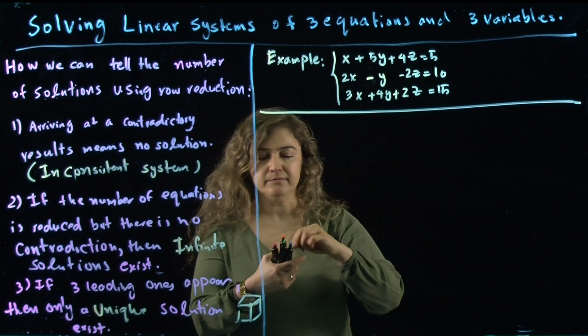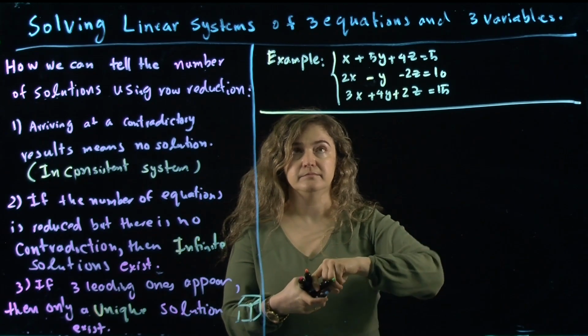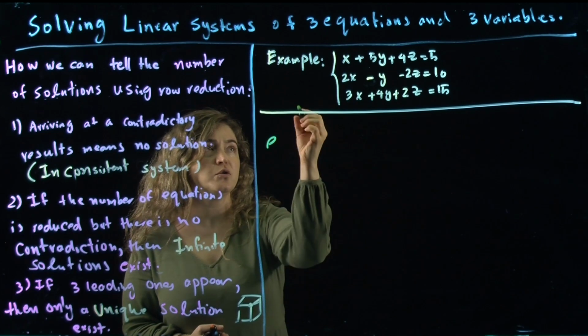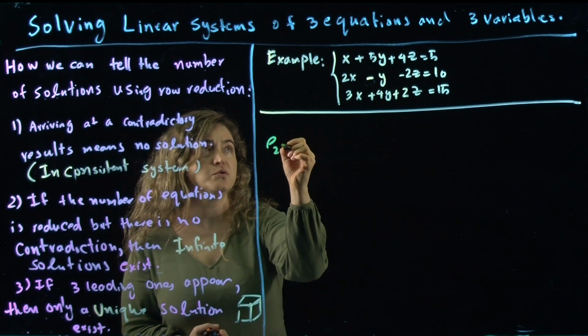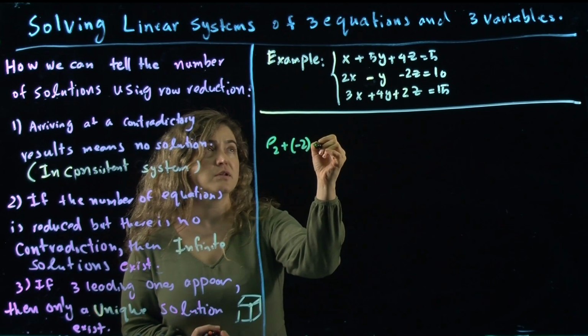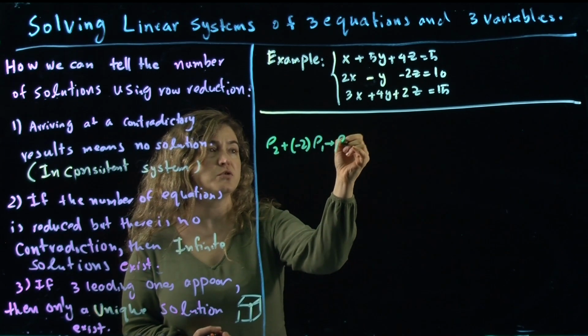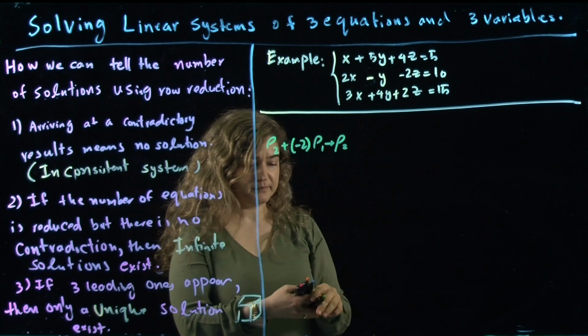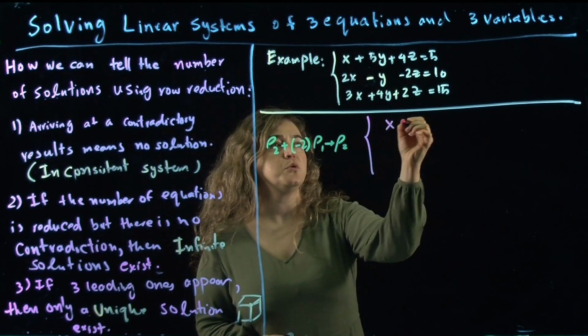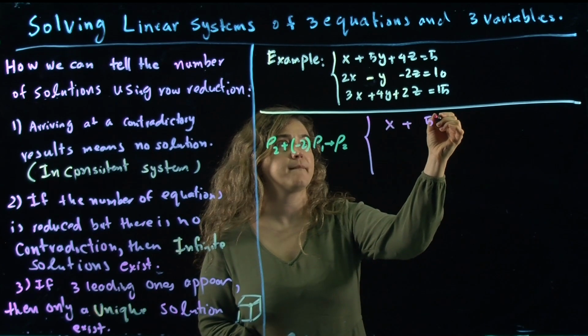In here, that means row 2 plus negative 2 times row 1 should go to row 2. That is, row 1 doesn't change.